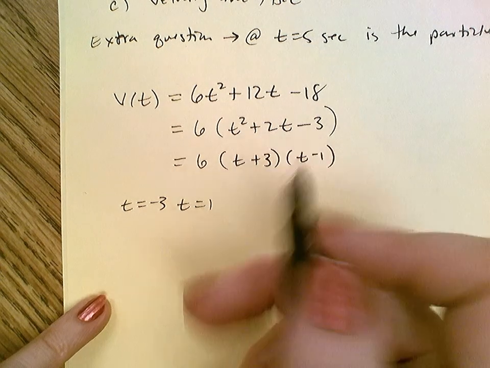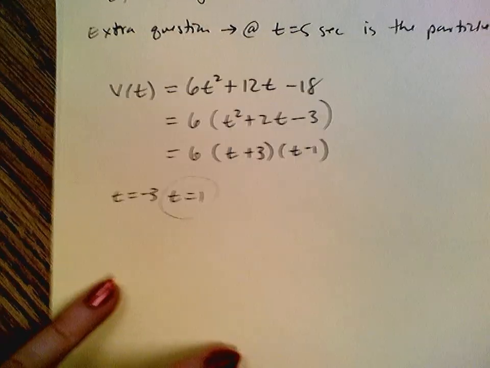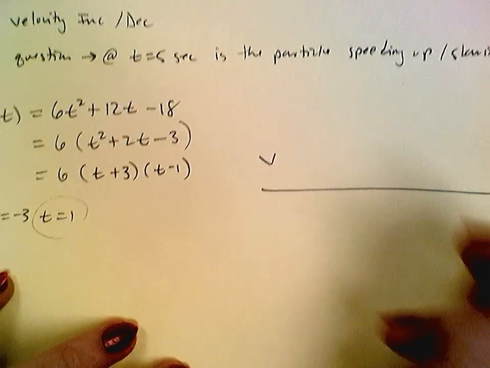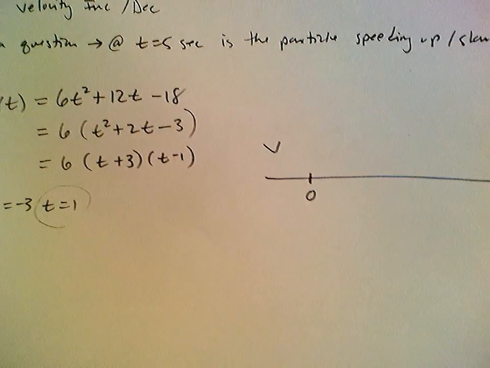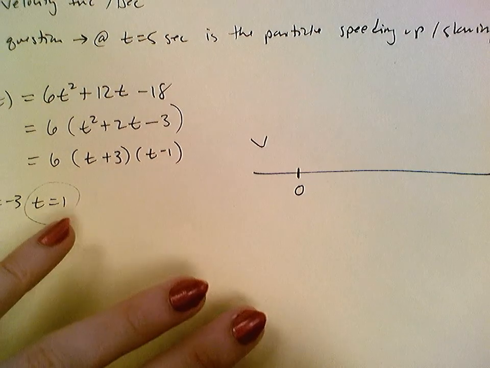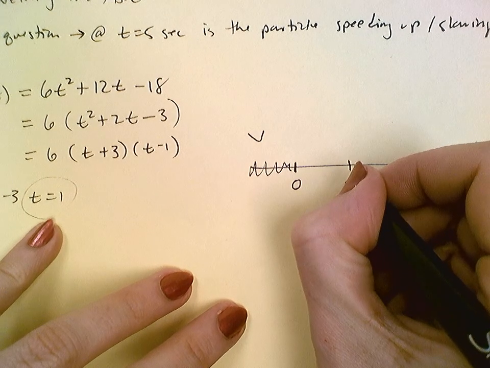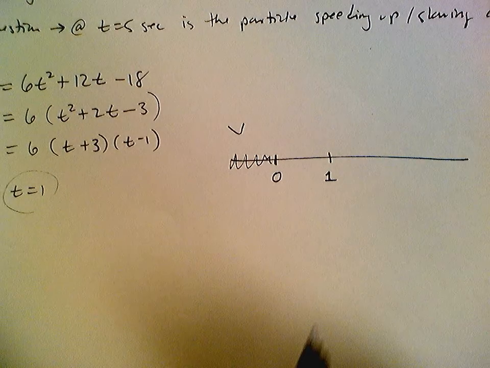So when we're on the number line, I'm just going to be using that. So here's the velocity number line. And it'll start at 0 because these are time values, and we don't have negative time. All right, so it's really just this, 1, which is my critical number.